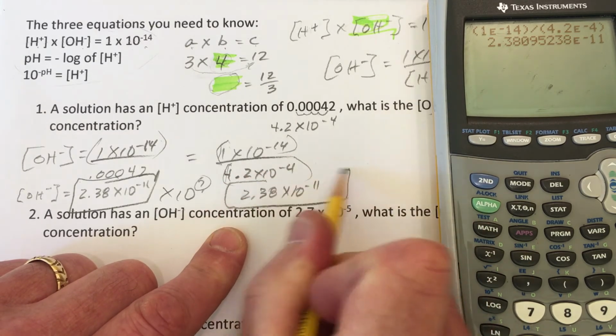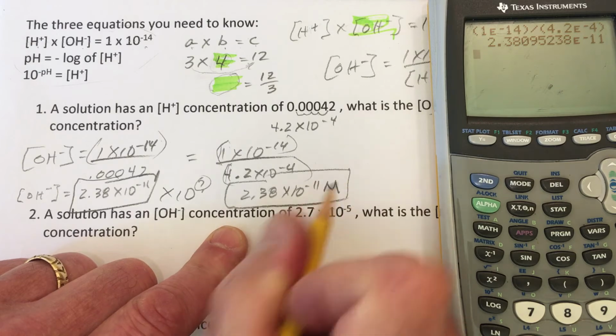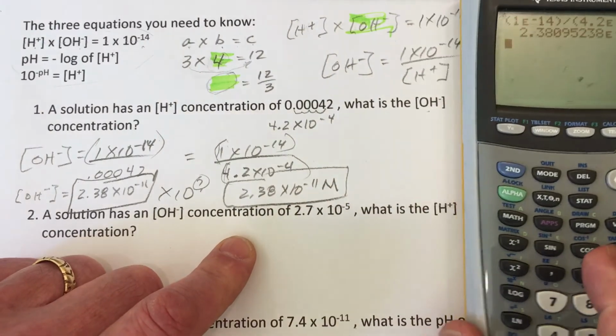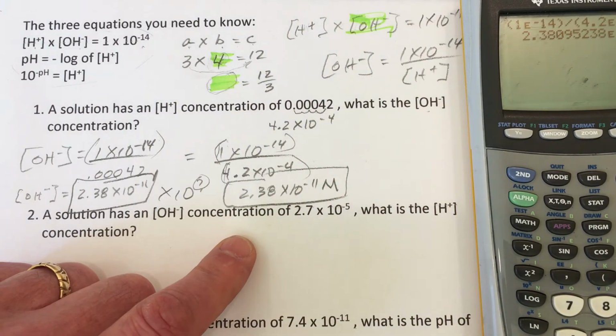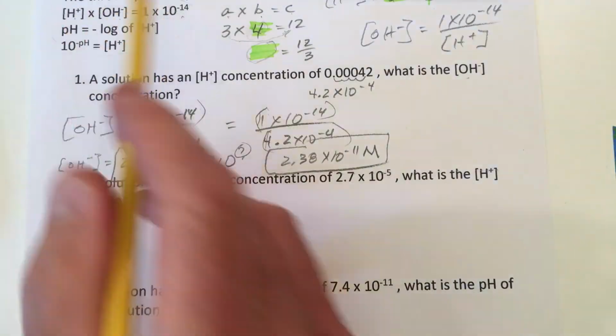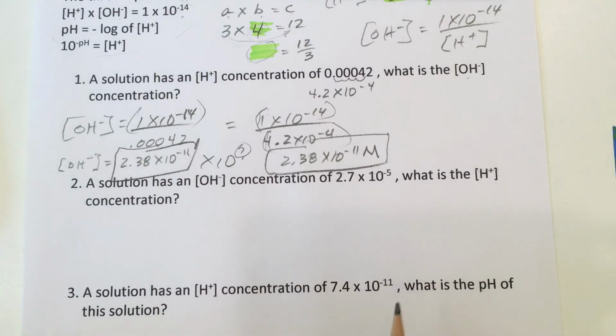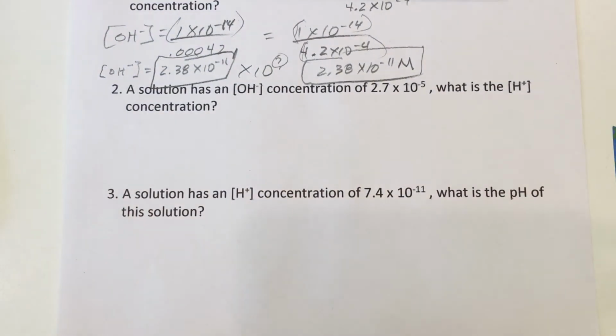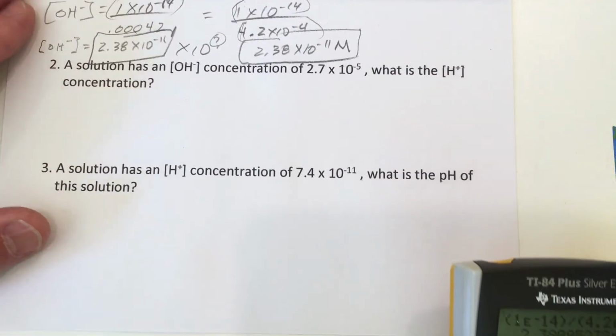And keep in mind, that's molar, the molarity of the hydroxide. So that's what I just figured out, the molarity of the hydroxide. Okay, so keep in mind, if you know one, you can find the other. We could do the reverse, so that's what this problem is. A solution has an OH concentration of 2.7 times 10 to the negative 5.